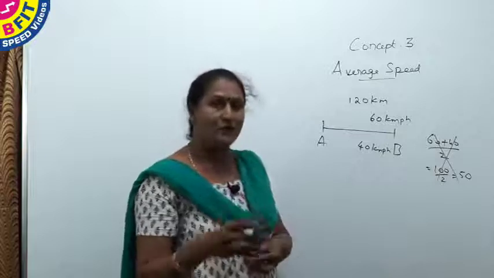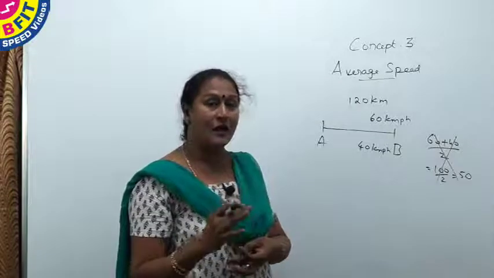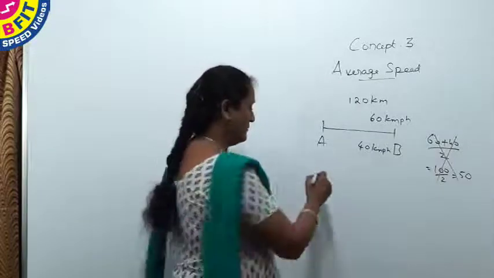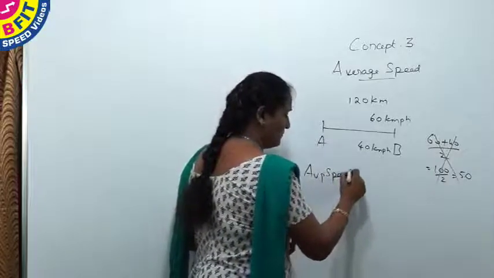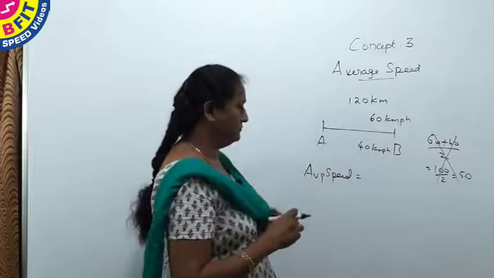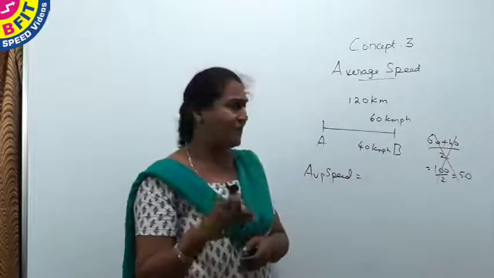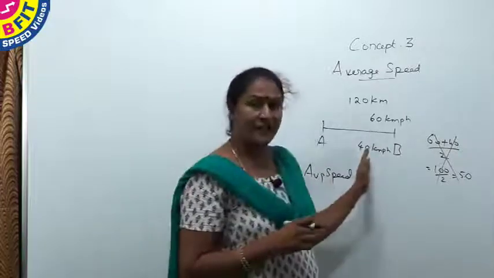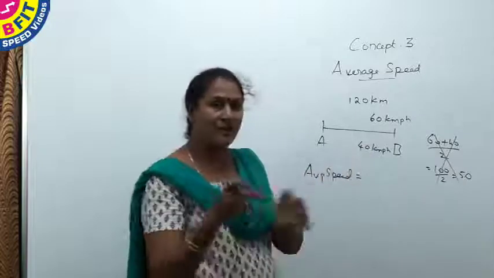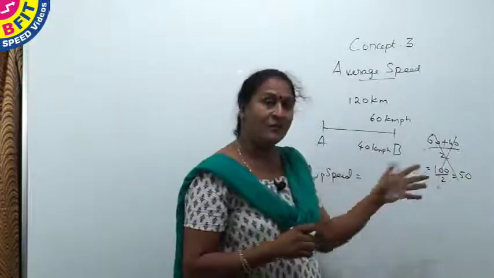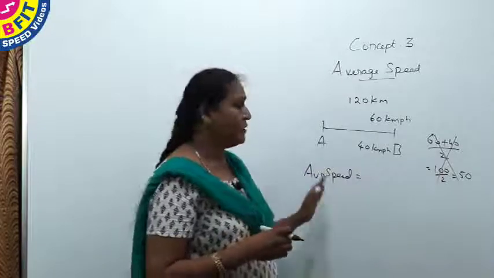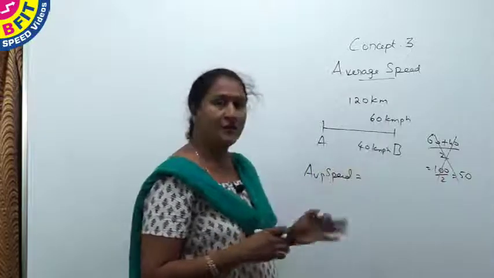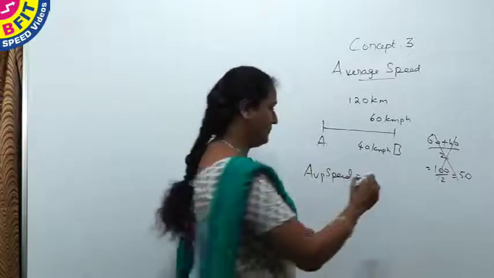I'll tell you how to calculate the average speed. When average speed is asked, don't find the average of the given speeds. If you do, you will get 50, but 50 is not the answer. Whenever average speed is asked, it is total distance covered divided by total time taken.